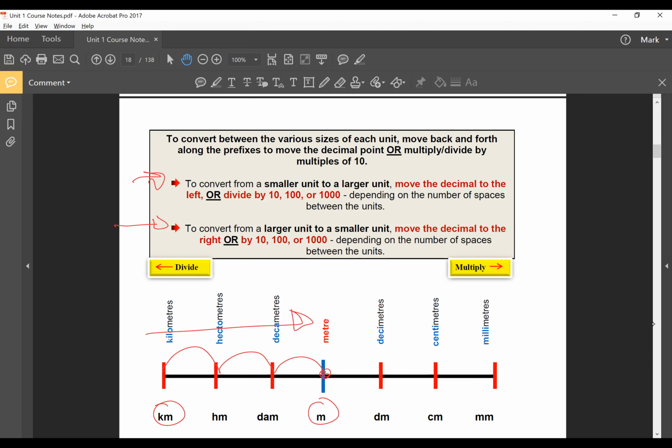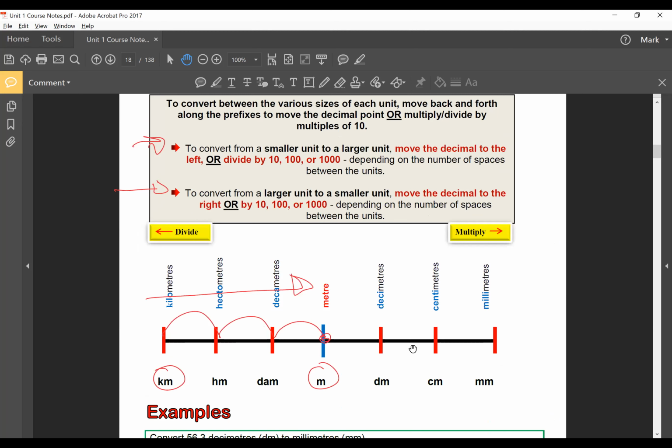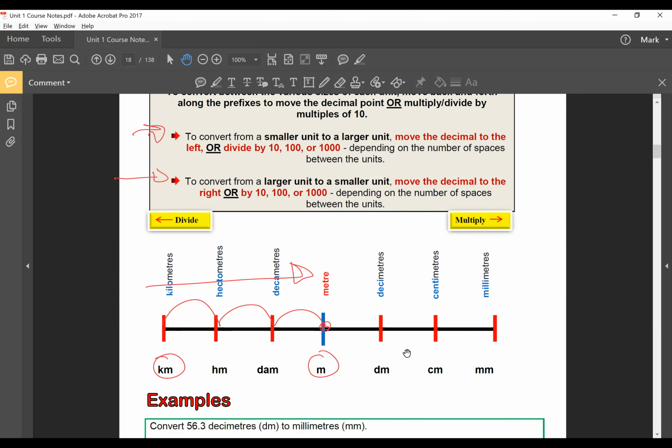And, I've said this before, the key for topic, I think this is topic 3, is practice. You need to practice this. Honestly, between us and YouTube and the rest of the world, a lot of the conversions I do, I would just use Google.